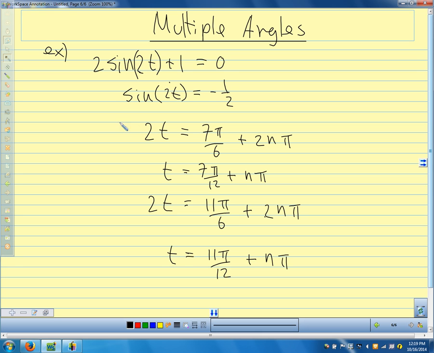So for multiple angles, we're solving for whatever the multiple angle is. At the end, you have to divide by whatever this multiplier is.